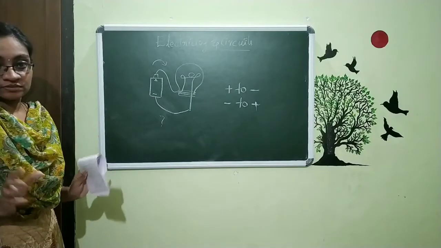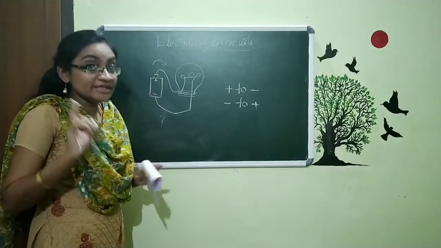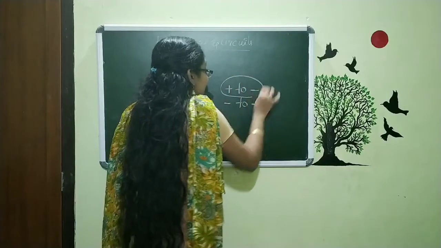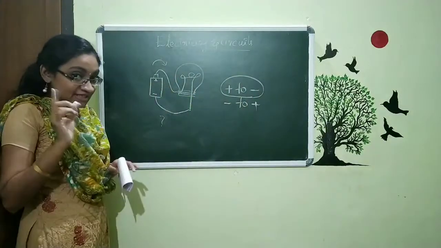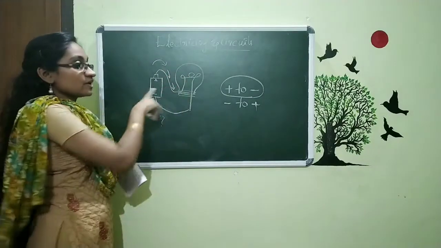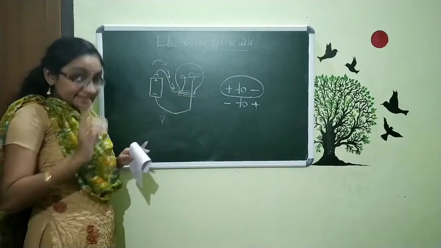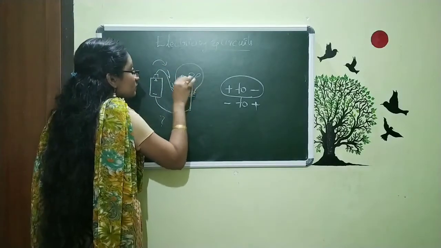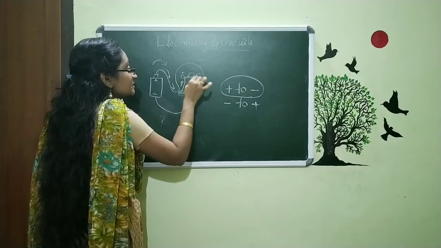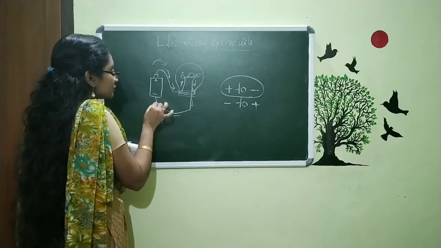Whatever the circuit, our electricity will always flow from positive to negative. That means our electricity will flow like this. First, our positive charges will flow on the wires, and then they move through our filament, and then back through the filament and finally to our wires.